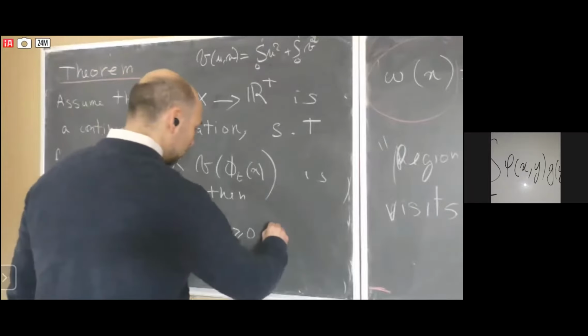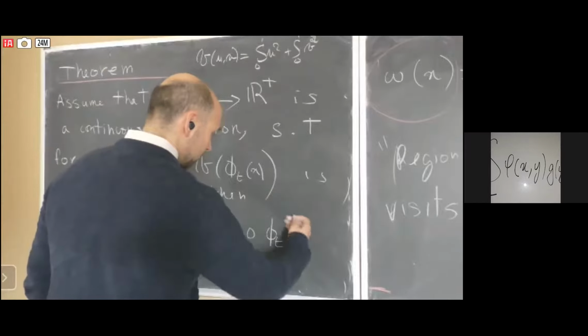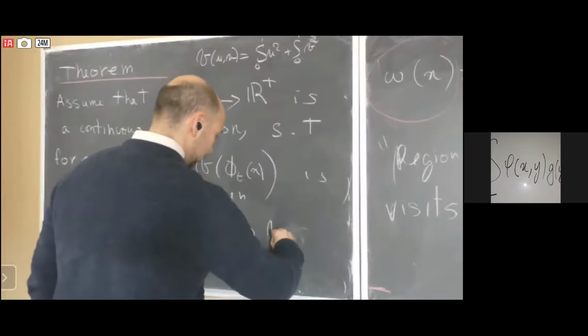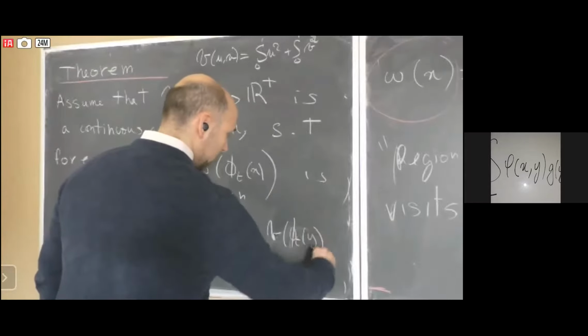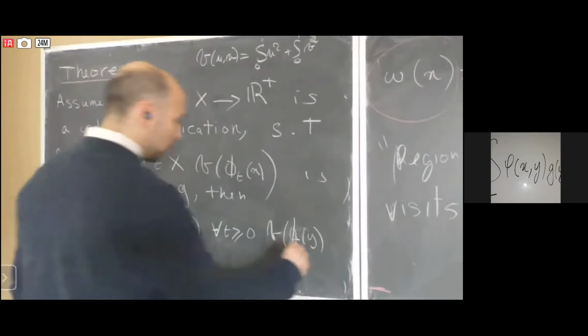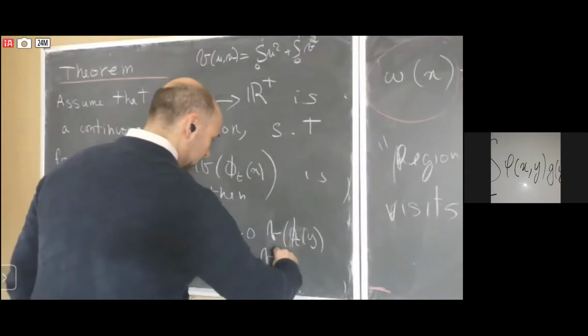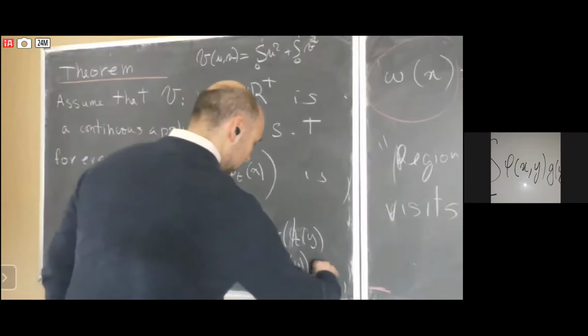You have that V of phi t of y equals V of phi 0 of y, which is actually V of y.